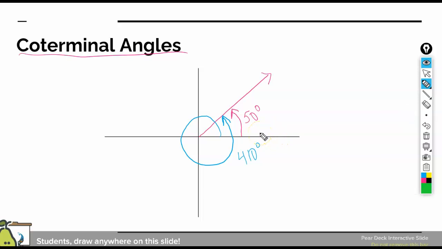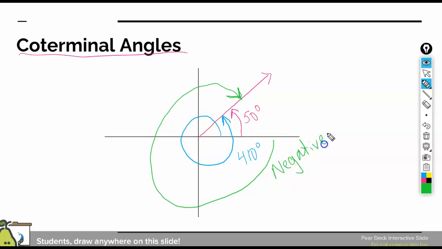We could also go in the other direction. If you recall, if we go not counterclockwise but clockwise, that means we're dealing with negative angles. That's how we took care of negative numbers for the sine and cosine trig functions: negative angles meant you were rotating clockwise, and positive angles meant you were rotating counterclockwise.